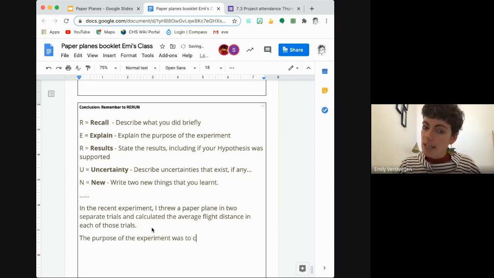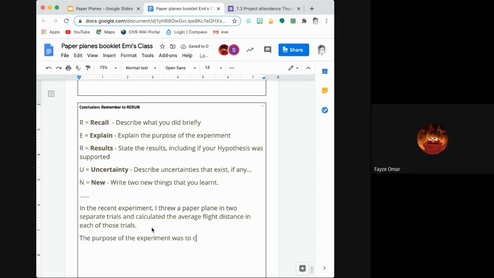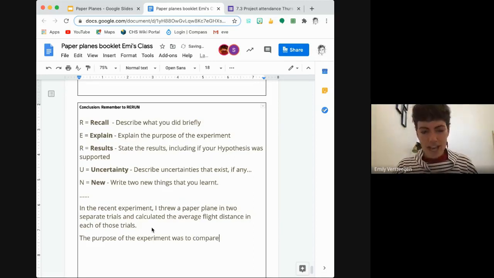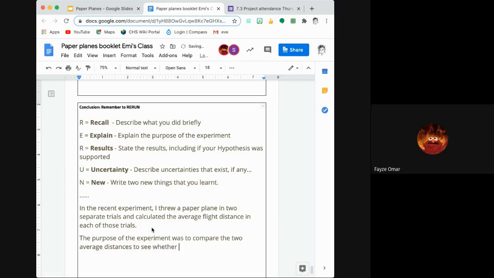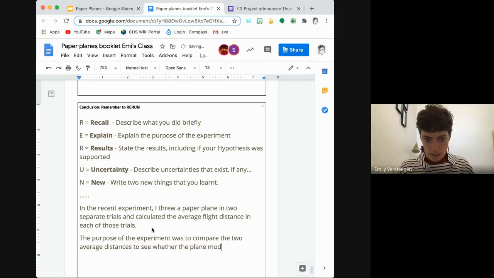Starts with a C. Calculate. Compare. Oh, good guess. Oh, to compare the 2 average distances to see whether the plane modifications helped with aerodynamics. Remember, because we tried to improve our planes.